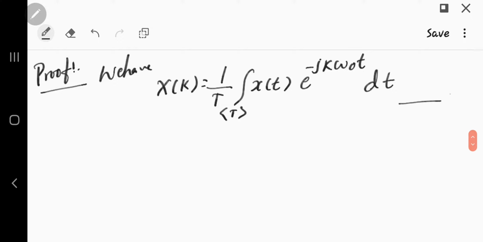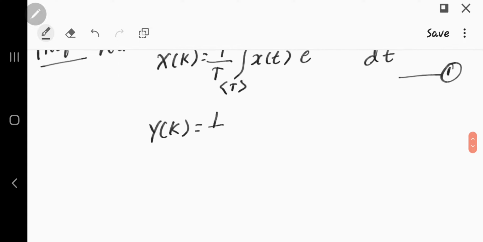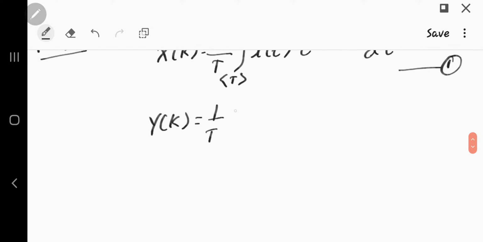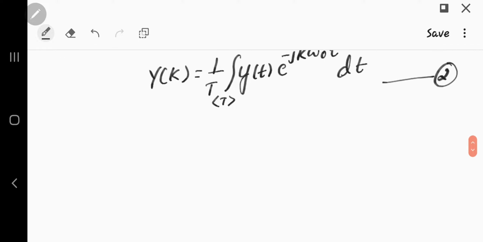You can call this equation 1. And y of k is equal to 1 by T integral of y of t e power minus j k omega naught t dt. Call this equation 2.